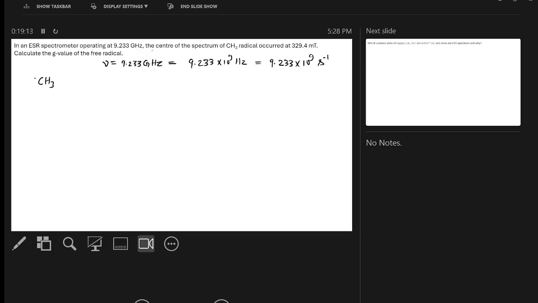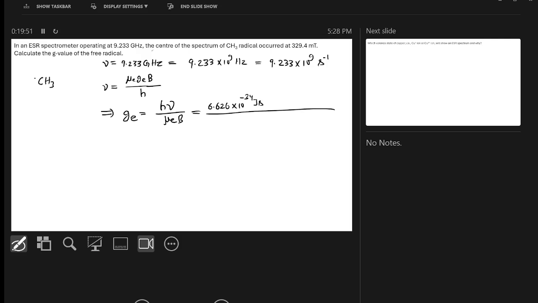We know that h nu is nothing but g_e mu_B B. We have to calculate g of the electron, so you can write g_e equals h nu divided by mu_B B. We can substitute everything here: 6.626 times 10 to the power minus 34 joule second, and the frequency 9.233 times 10 to the power 9 per second.